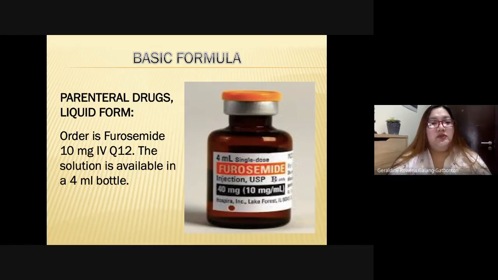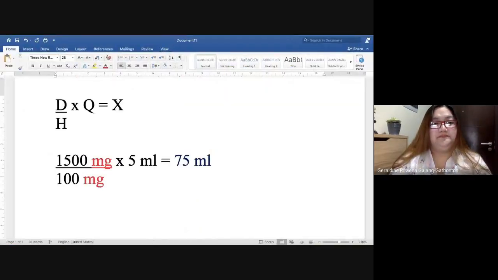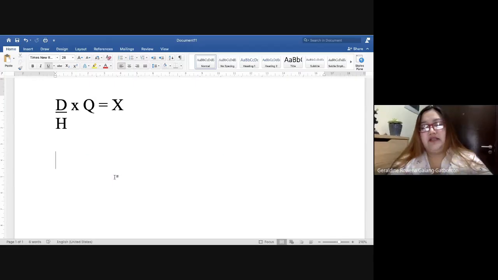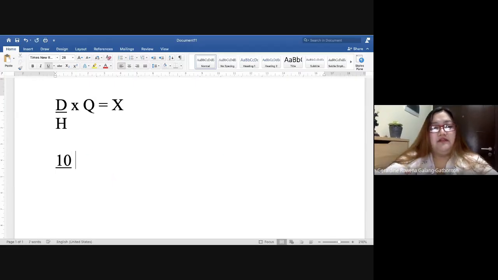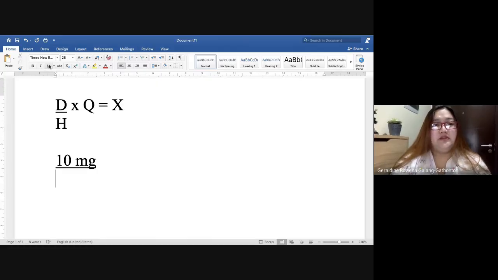Okay? So, let us compute this. What is our D? Ang sabi, furosemide, 10 mg. Okay? Now, what is our H? I wanna use kung ano yung may per mismo. Kasi siya talaga yung magka-partner, magkatabi mismo sila, mas hindi ka malilito.